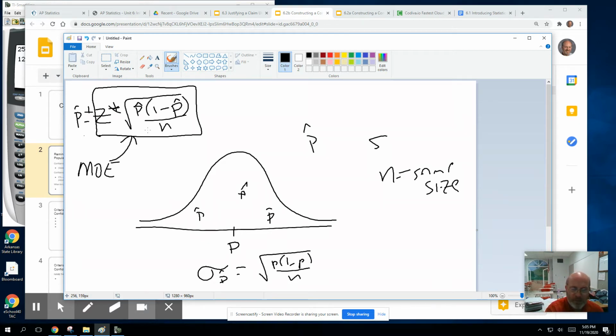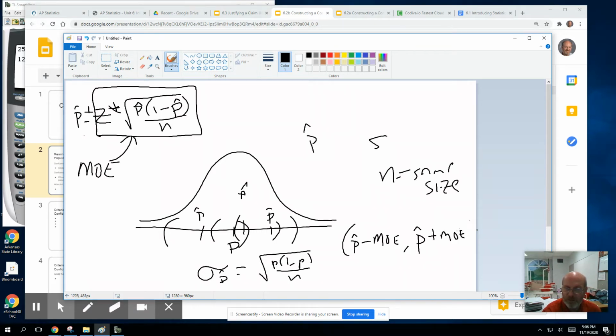So this p hat that occurs here might have a confidence interval here, and this p hat that occurs here would have a confidence interval with an upper bound and lower bound. And approximately 95% of all of those confidence intervals will contain the true population parameter p. So our lower bound is p hat minus our margin of error, and our upper bound is p hat plus our margin of error.